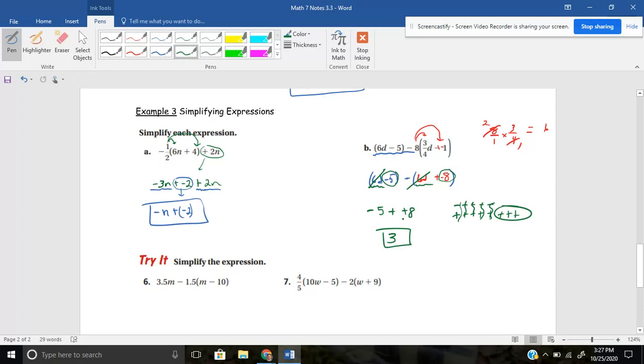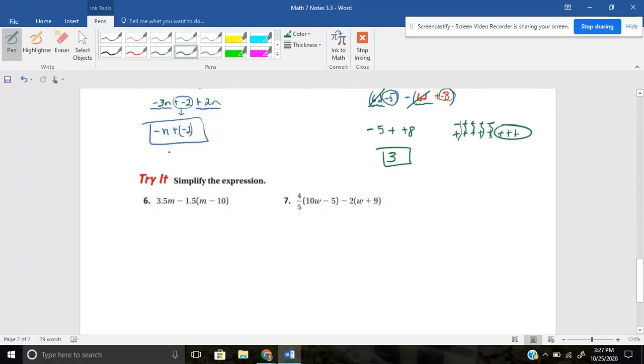Okay, so again, we're combining a couple things there. We're combining the distributive property with subtracting our expressions. So it can get a little cumbersome, but keep track of those steps. Lastly, pause the video here for 6 and 7 and see how you do.